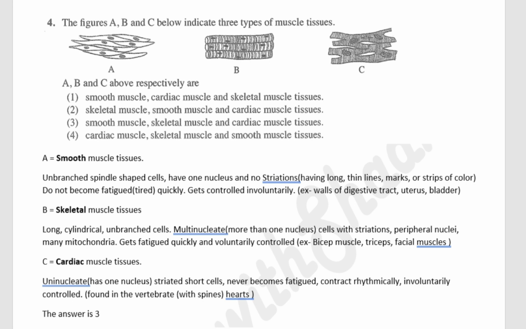They contract rhythmically, and it is involuntary control, like you can't stop your heart from beating just by thinking about it. And these muscles are found in vertebrates. Vertebrates mean animals with spines. Other hearts are hearts without cardiac muscle tissues.